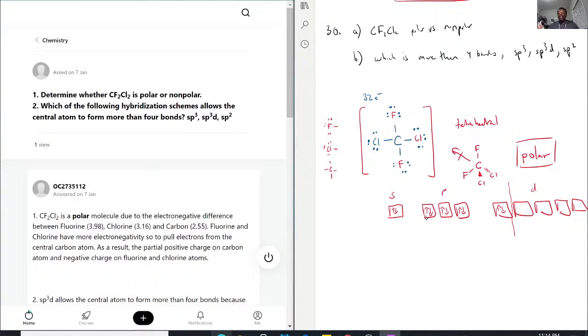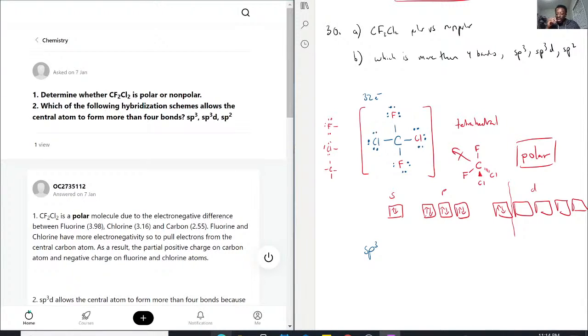Okay? And now we're going to apply this to real life. If I said I had sp3, how many electrons am I working with? In total, 8, whether shared or just electrons I have. Funny enough, looking at the central atom, that carbon, this is what we would refer to as sp3 hybridized.